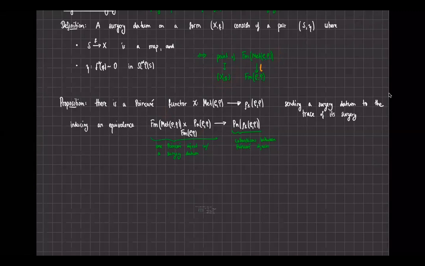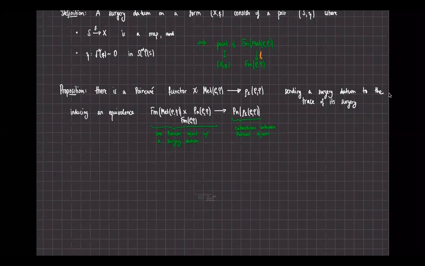So in other words, this space is really just a Poincare object together with a surgery datum on it. Might be a Lagrangian, might not be a Lagrangian. And on the other hand side, we can look at the space of Poincare objects in row 1 CQ, which last time we've seen is essentially given by cobordisms between two Poincare objects.